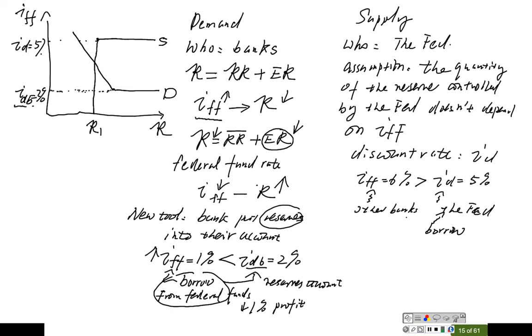So when the federal funds rate is above the discount rate, every bank borrows money from the discount window. And one important thing you need to keep in mind is that reserve includes non-borrowed reserve plus borrowed reserve.